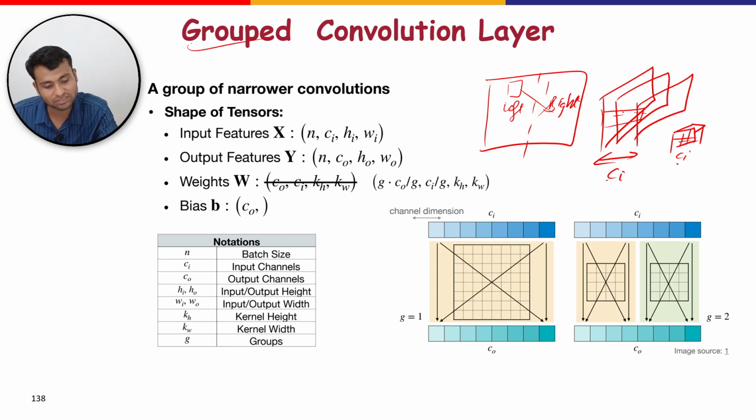This Ci has to match with this Ci. But now what we're saying is that we'll do grouping. We'll divide this into two parts. One part this filter will handle, and the other part this filter will handle, right? So we are making two groups.